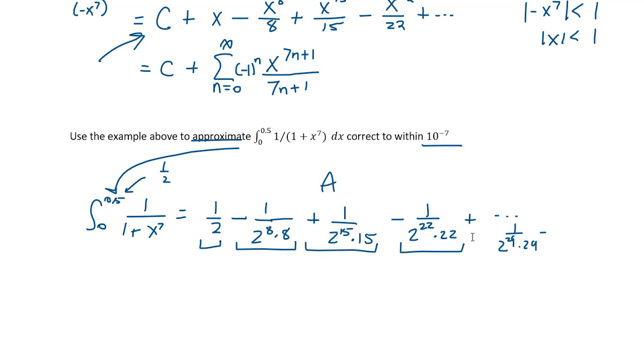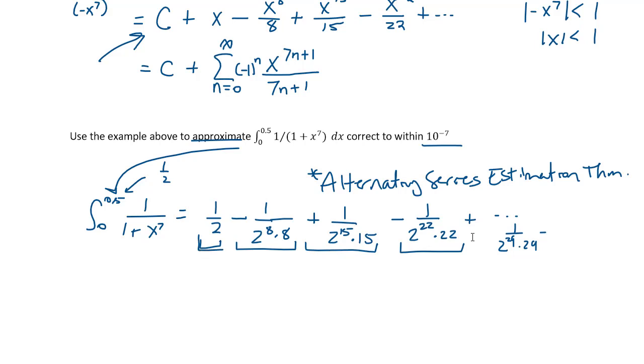Well, you recognize that it's an alternating series, and back when we covered alternating series, we had the alternating series estimation theorem, which said that the error for a partial sum of an alternating series is less than the absolute value of the next term.